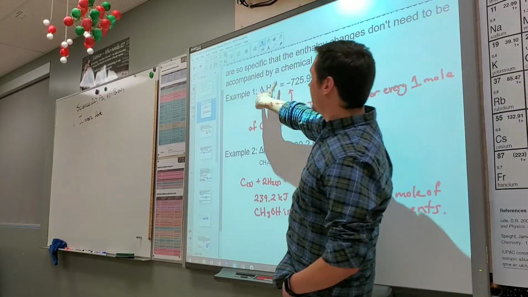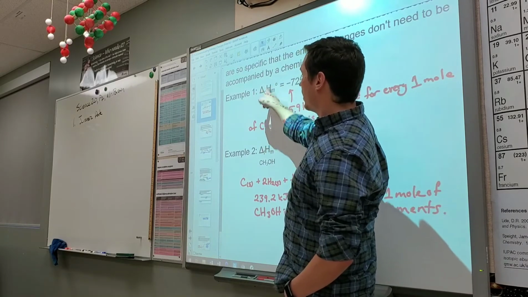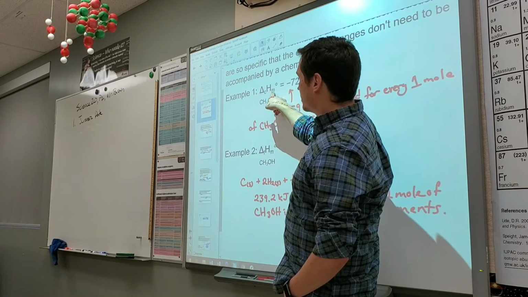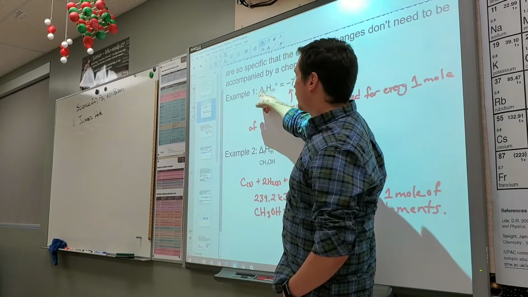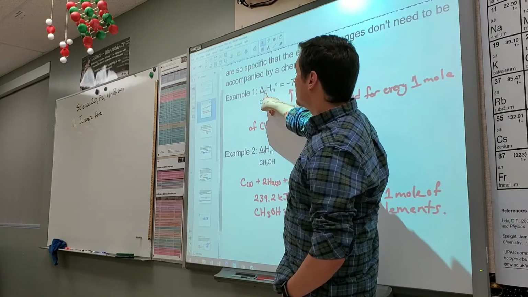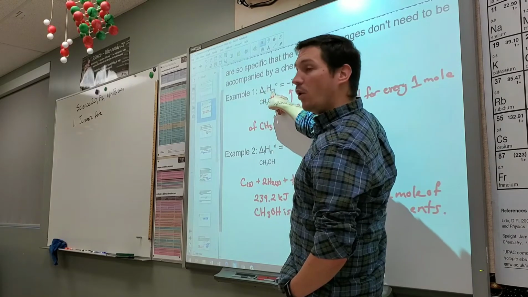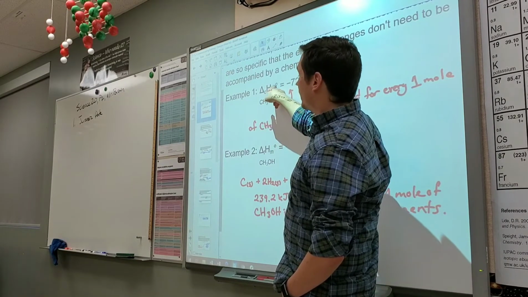So when we look at this, tell me, what does this mean? Do you remember what all of this stuff means here? This is an enthalpy change, right? ΔH is enthalpy change. And this is a combustion reaction, right? So we're talking about the molar enthalpy of combustion under standard conditions.